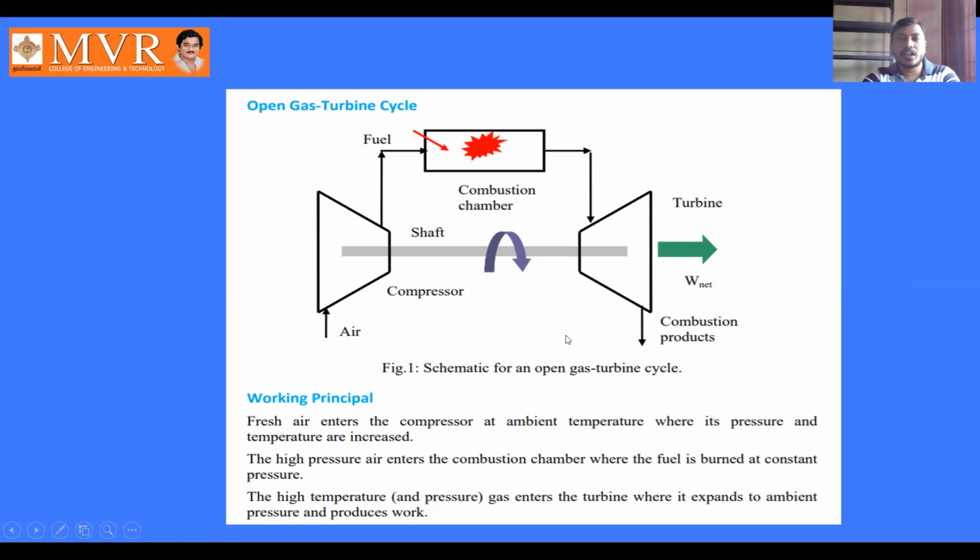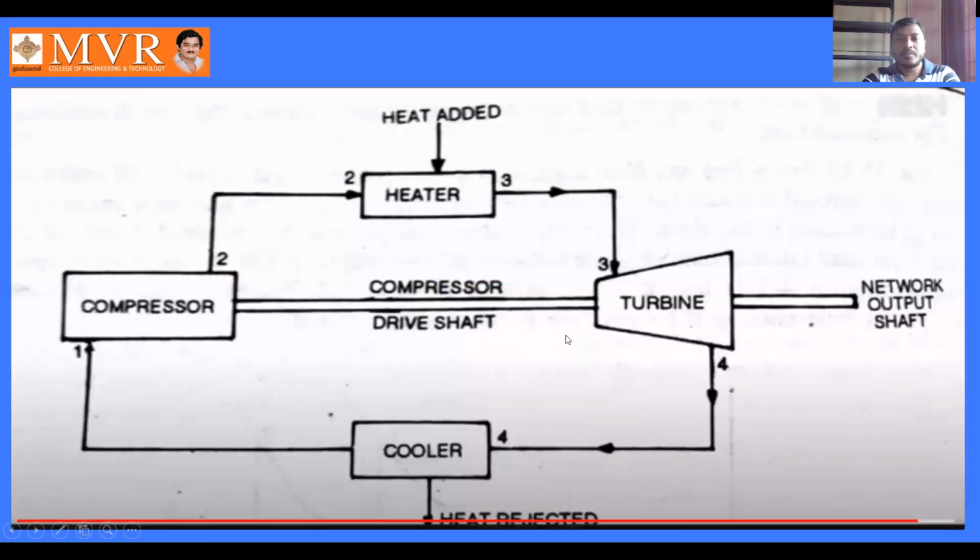This is what we have about the open gas turbine. Coming to the closed cycle, it is in a closed position. The air is not in contact with the atmospheric air, but the cooled air comes in and enters the compressor, where it is compressed.